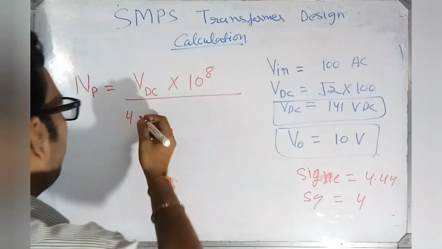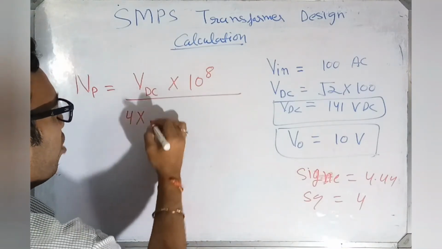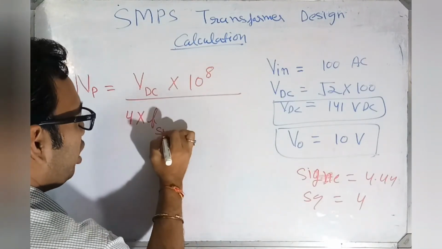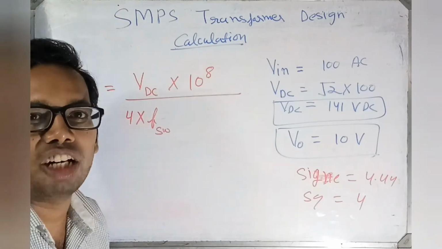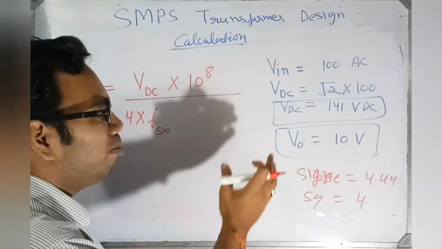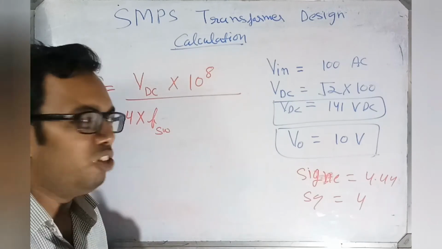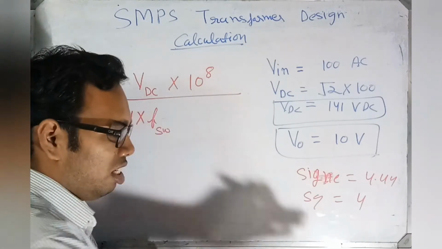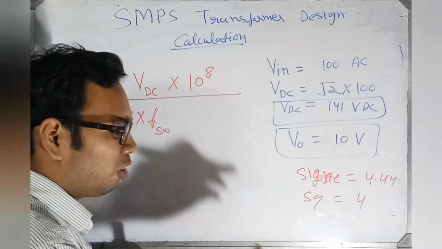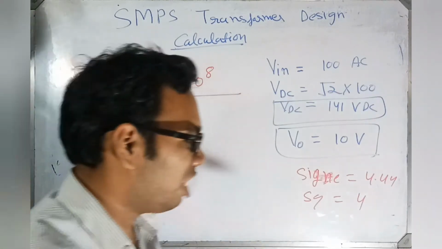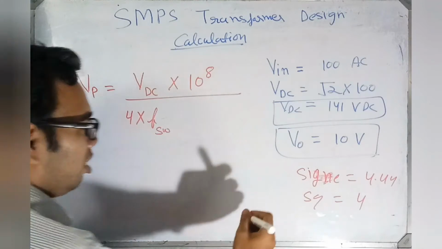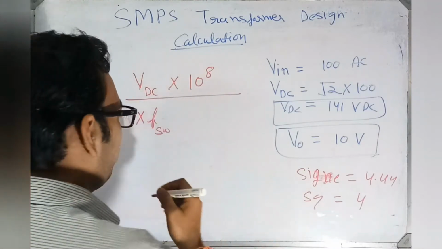Then 4 multiplied by the frequency, meaning the switching frequency. At what frequency you are going to switch, because this SMPS transformer requires a switching frequency at which we switch the MOSFET through this driver IC, SG3525, whatever I showed you.